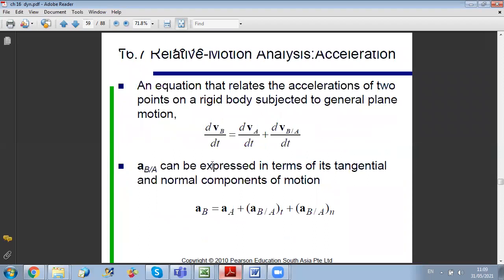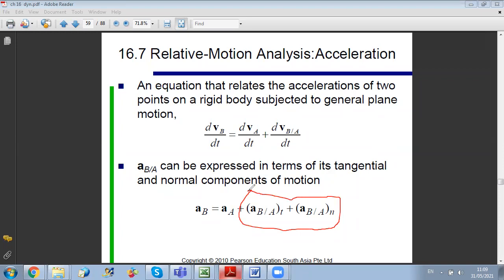The acceleration of B is equal to the acceleration of A plus the relative acceleration of B with respect to A. And the relative acceleration of B with respect to A is decomposed into tangential component and normal component, because you know that when you have rotation, the acceleration can be decomposed into tangential and normal.